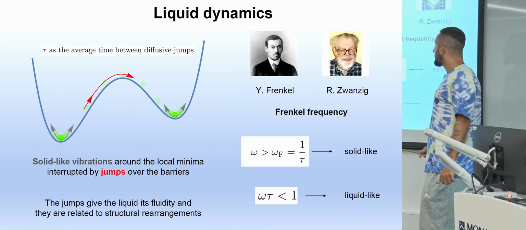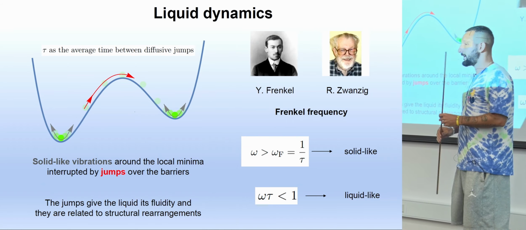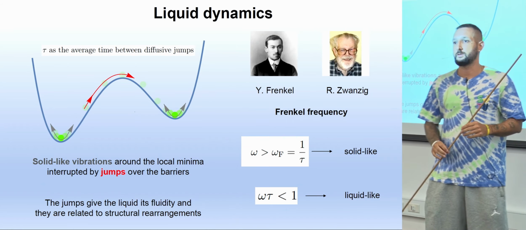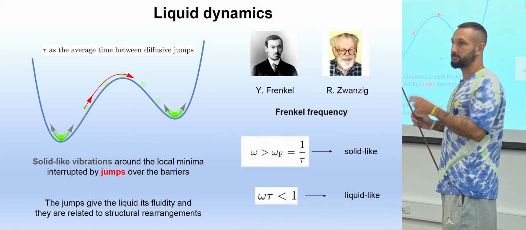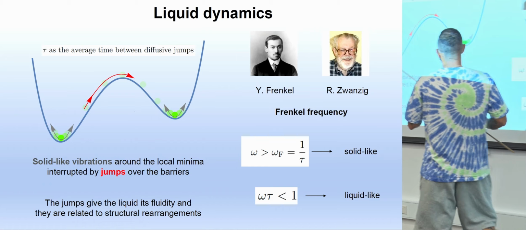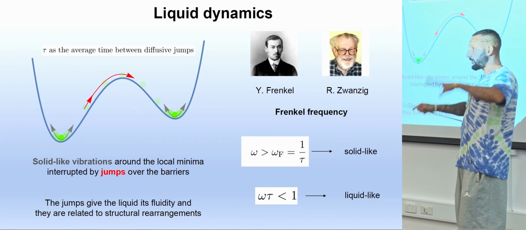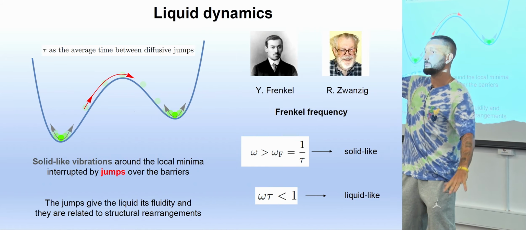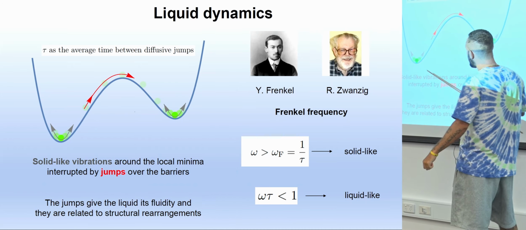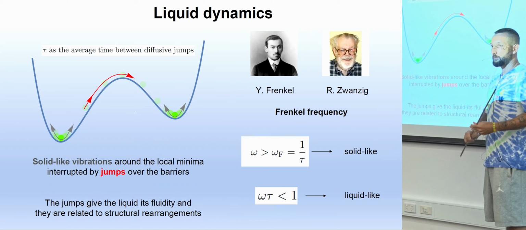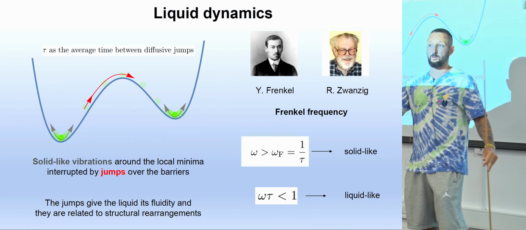So, liquid dynamics. The oldest idea about the description of the dynamics in liquids, of course, starts from the solid picture. The idea is that the potential of a liquid is a very complicated anharmonic potential with many minima, many maxima, saddle points, and whatever. The atoms will oscillate for a certain time around the local minima, like in a solid, if you like.